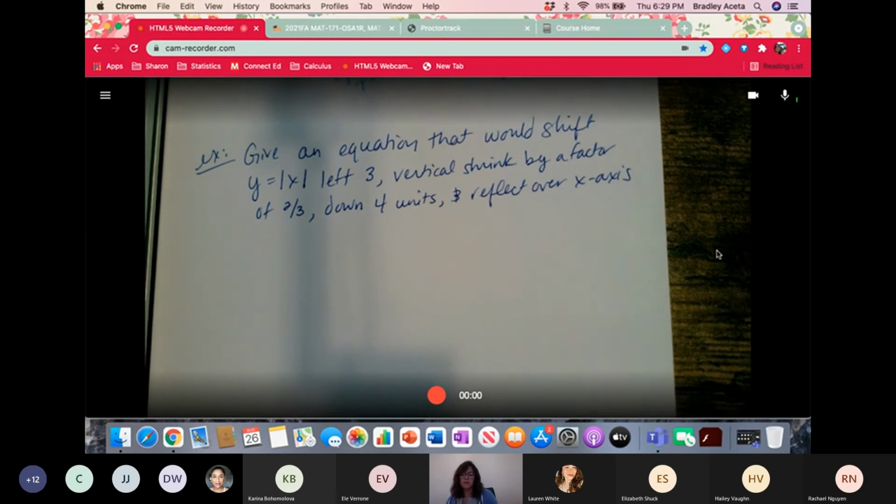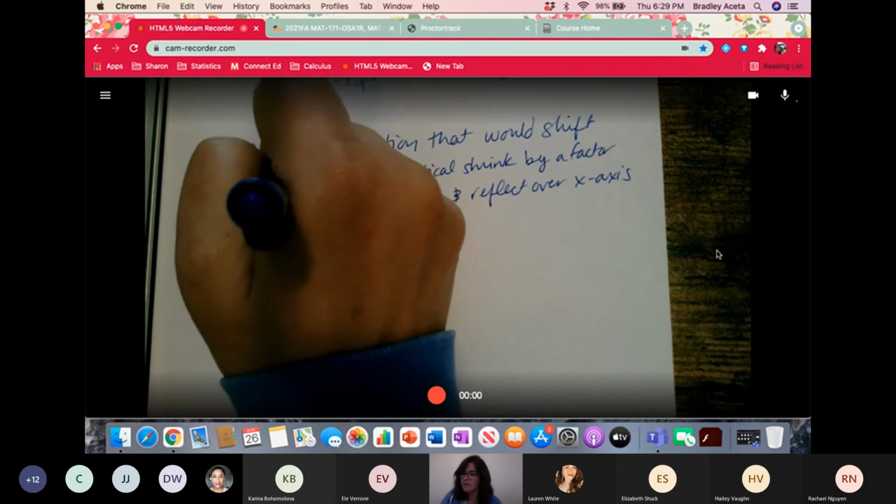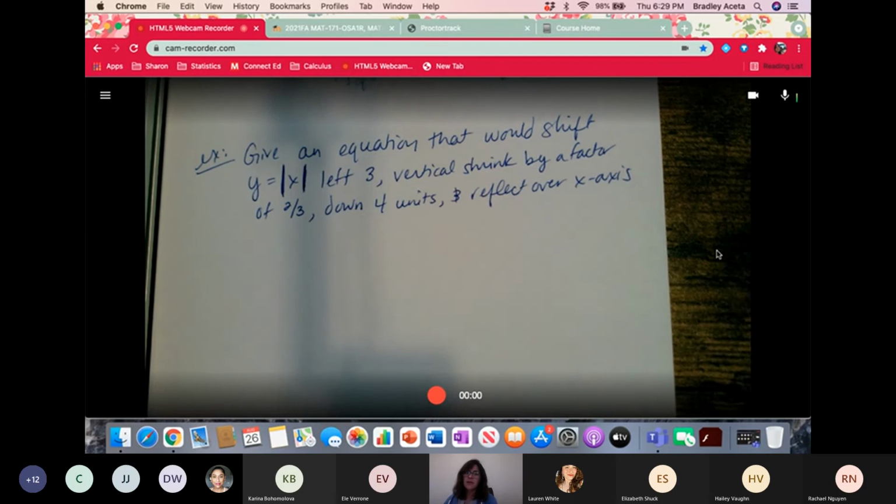Give an equation that would shift y equals the absolute value of x left 3, vertically shrink it by a factor of 2/3, down 4 units, and then reflect over the x-axis.